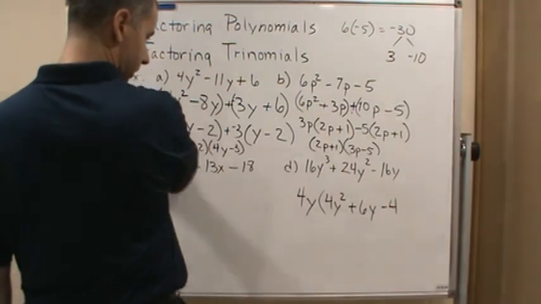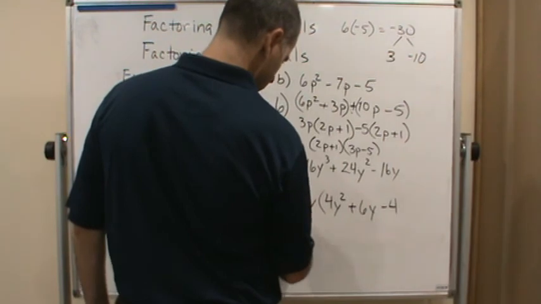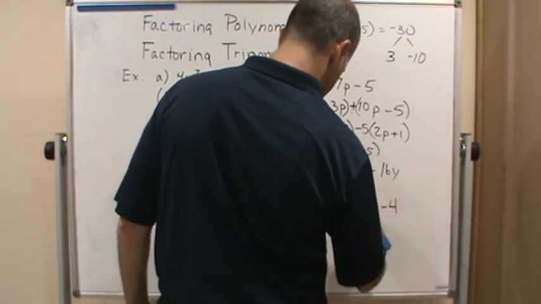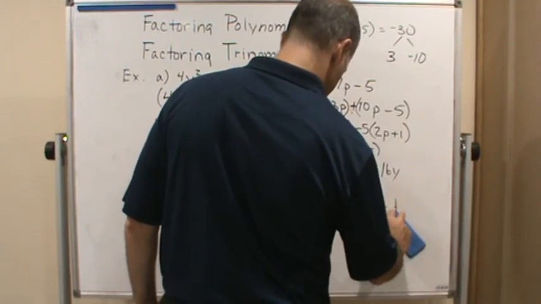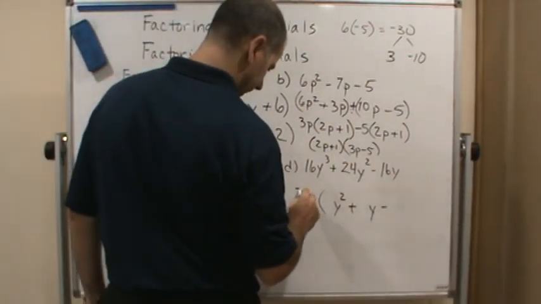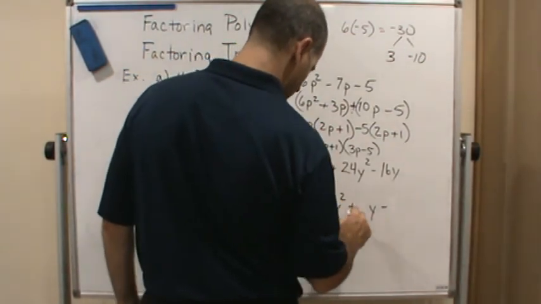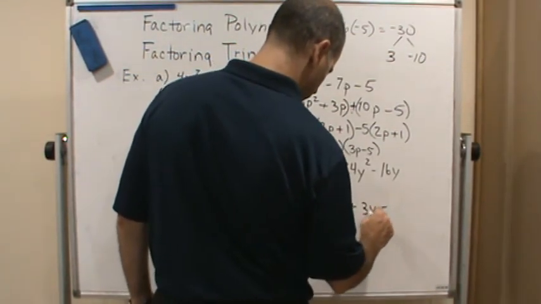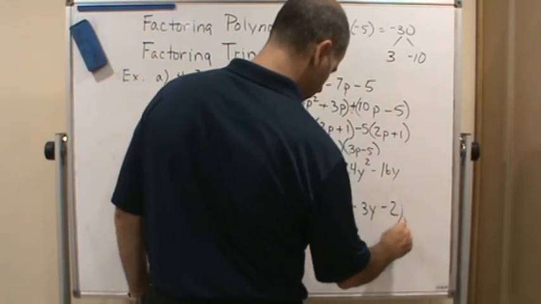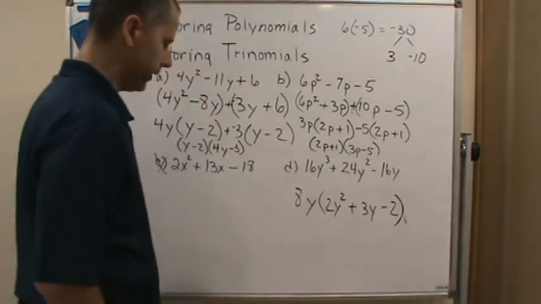I didn't see that. 8. So I can pull out an 8y, so this will make this 2, and this will make this 3, and this will make this 2.